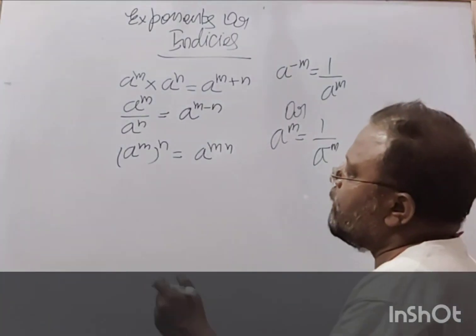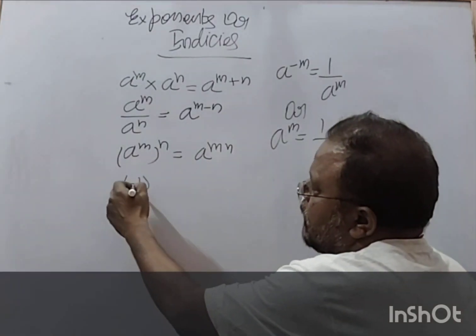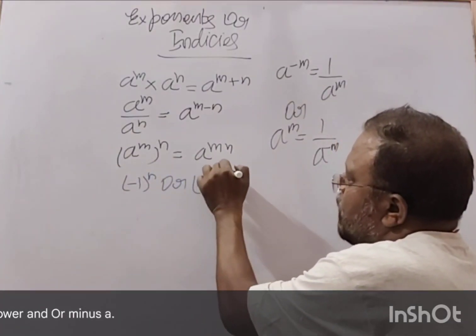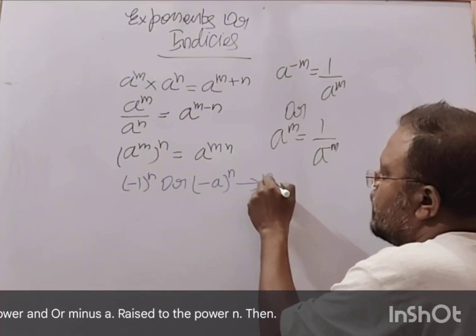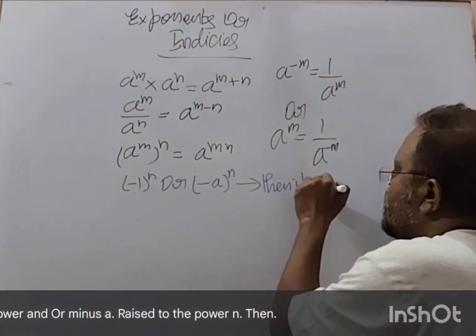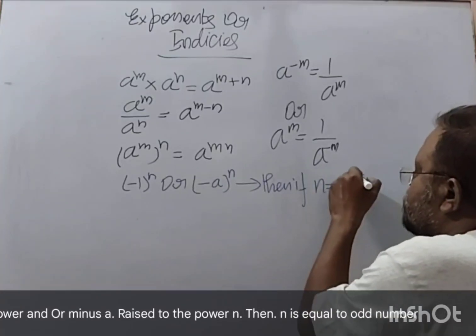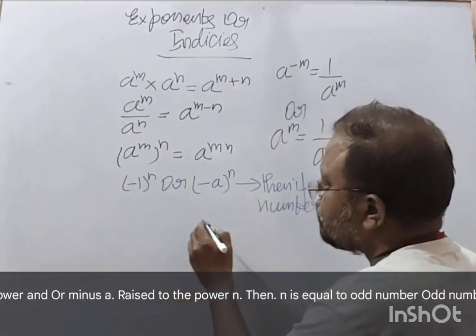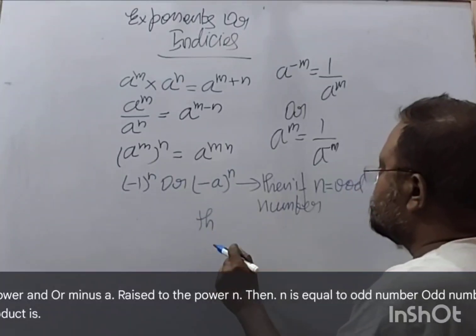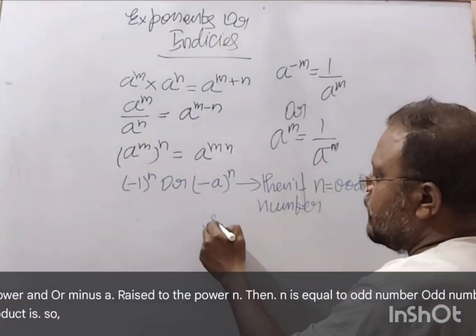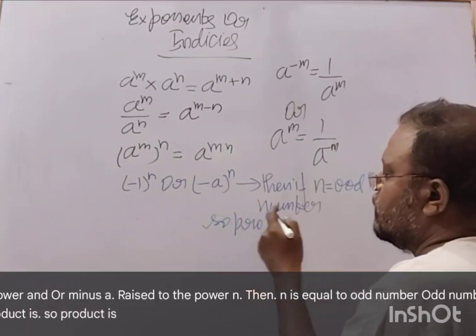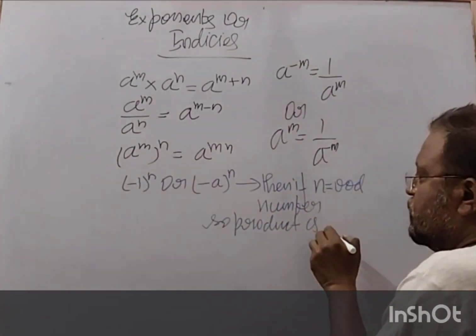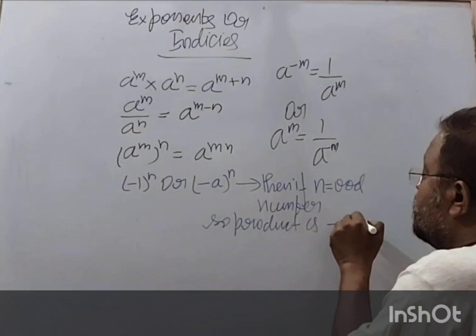And if minus 1 raised to the power n, or minus a raised to the power n, if n is an odd number, then the product is negative, right?